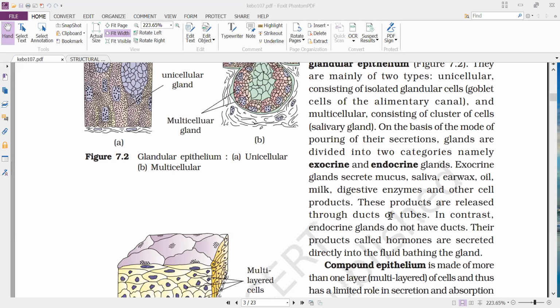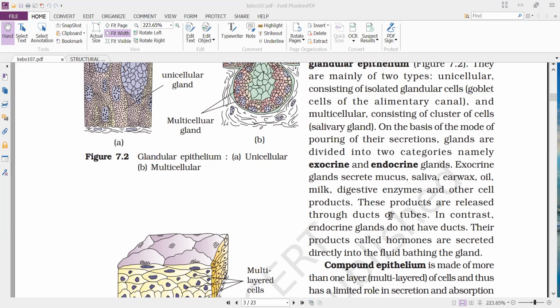Some are present below the tongue, called sublingual glands. Some are present near the lower jaw, the submaxillary glands. On either side we find them, so totally three pairs of salivary glands are present.